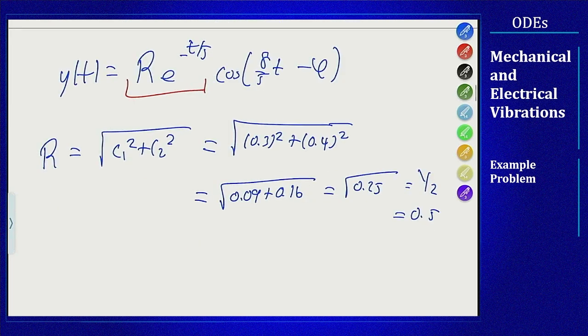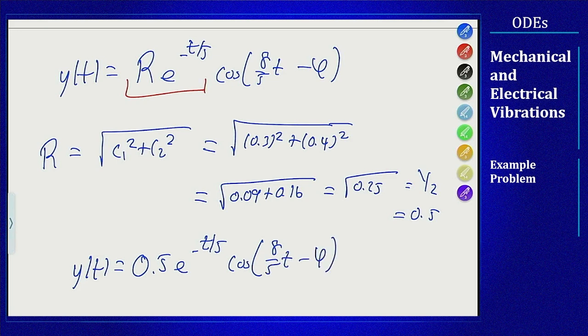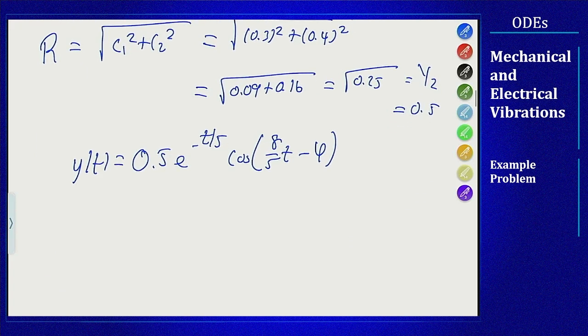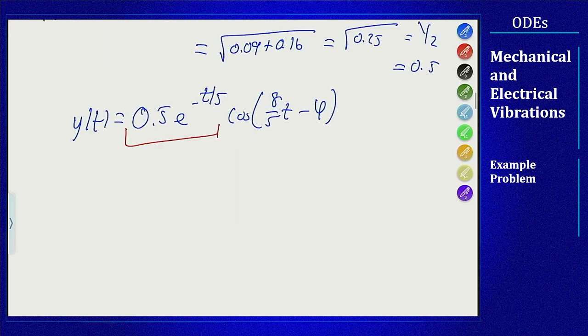So what I know is that my function y of t, I can represent as 0.5 e to the minus t over 5 cosine of 8/5 t minus phi, whatever phi is. And so if I want y to be trapped within 0.001 of equilibrium, I can just look at this part here and set up 0.001 equals 0.5 e to the minus t over 5.